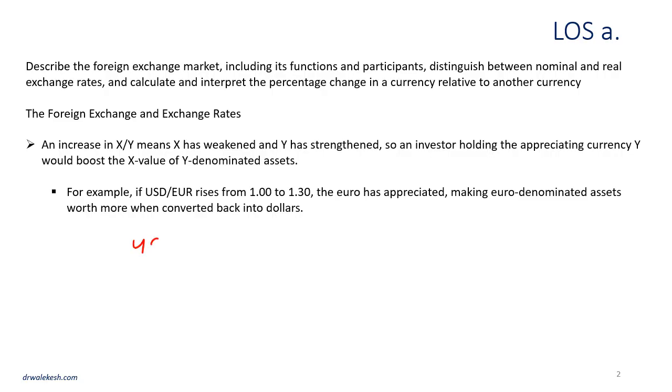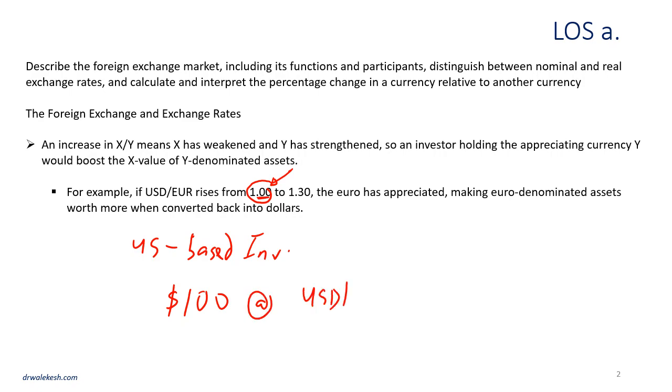Imagine you are a US based investor. As a US based investor, let us assume that you have $100 when the exchange rate was at 1 US dollar per euro.